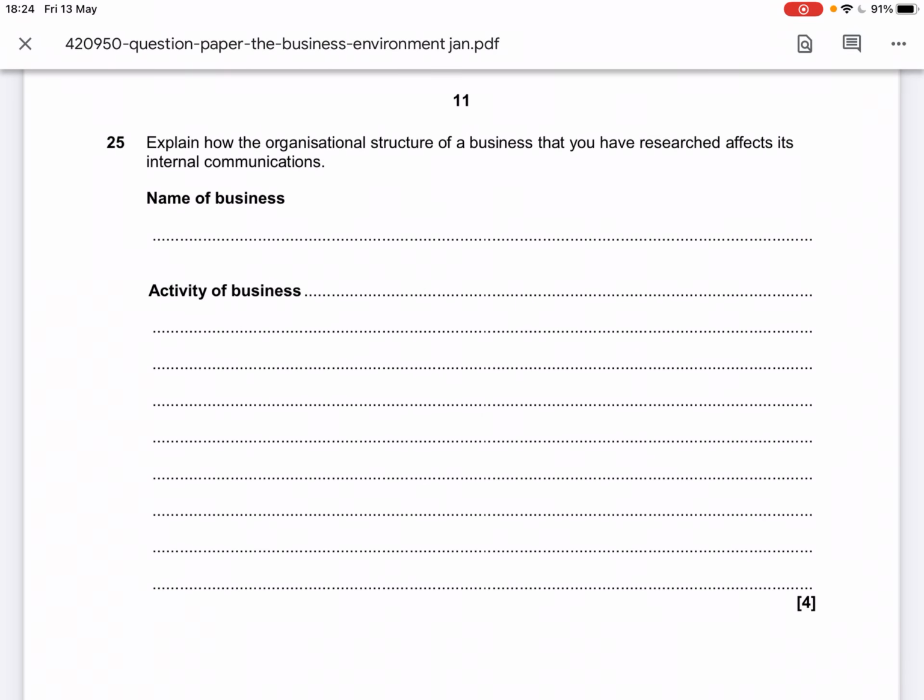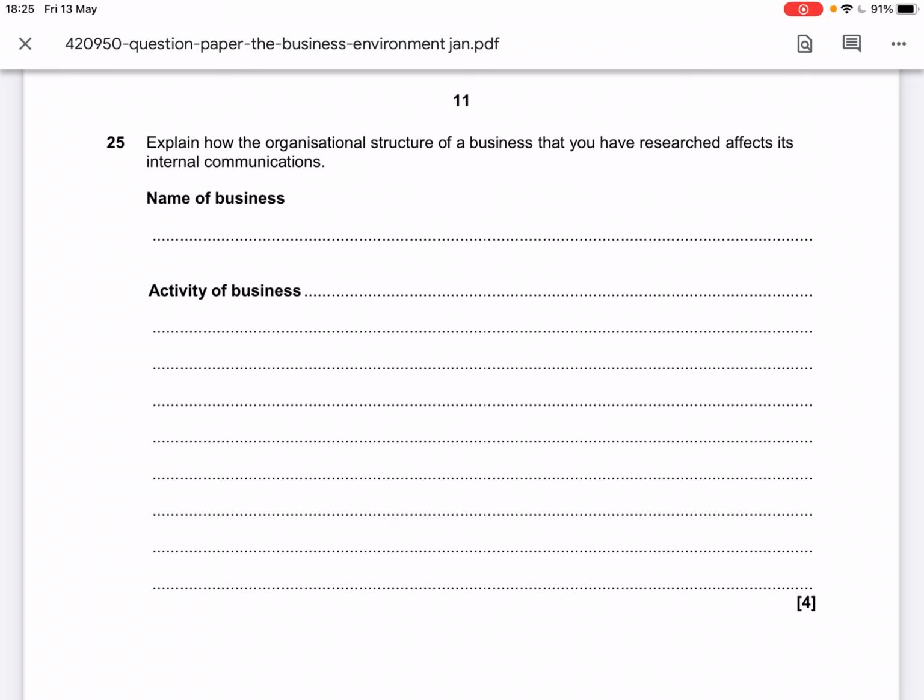Here we have another question, which is a 4-mark question, and this is an explaining question. Therefore, we can just do a point explain. But what I would suggest is you make your explanation as detailed as possible, because as you can see, this is worth 4 marks, but they're not asking you to do more than one thing to explain.